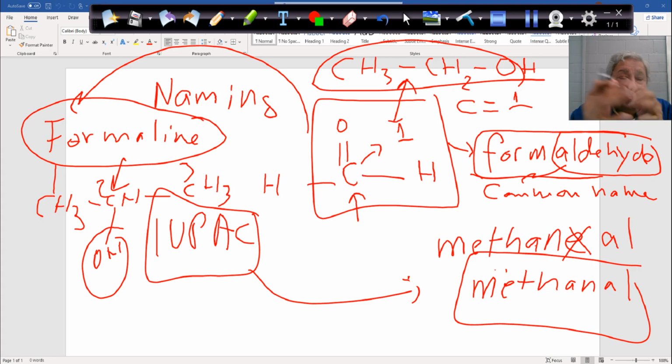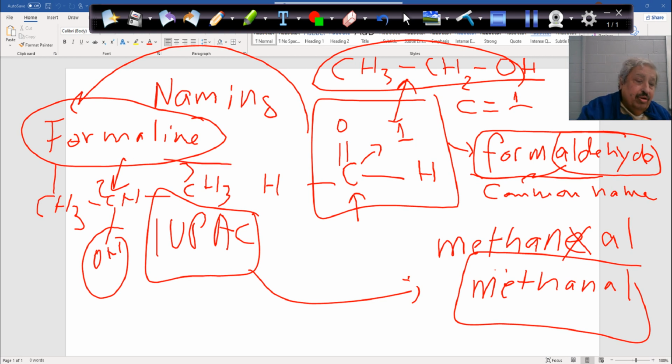You add it to formaldehyde, it will keep this body safe from any bacterial intervention or eating up this dead body. The bacteria will eat up this body if there is no formalin.